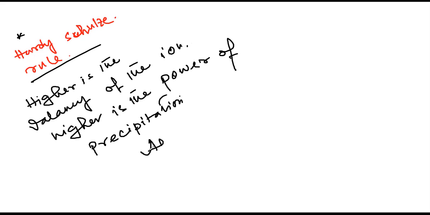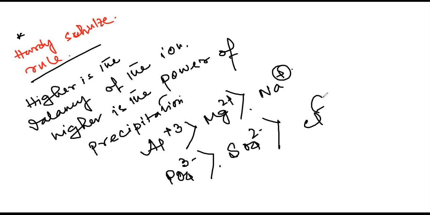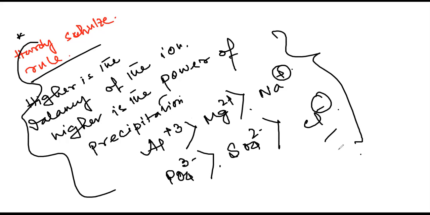Such as you can see that Al3+ has more power than Mg2+, as I have told you some time ago, than Na+. Then this is for anions also: PO4 3- is greater than SO4 2- is greater than Cl-. So this is the Schulze-Hardy law.